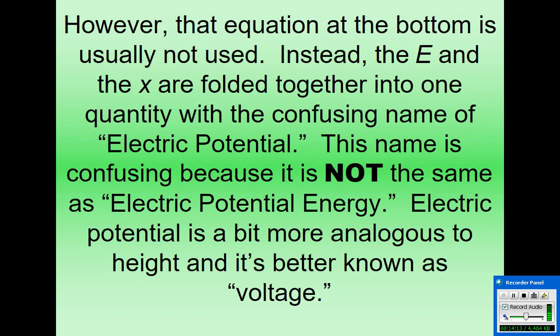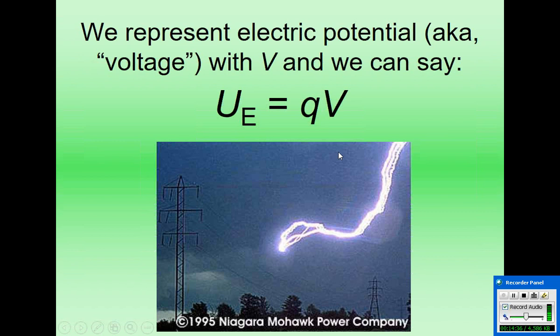Whereas in electricity, electric fields can vary widely, even if you travel just a short distance. We take these two complicating factors of field strength and location and combine them into only one complicating factor that we call electric potential. And of course, electric potential, as I said, is probably better known as voltage.